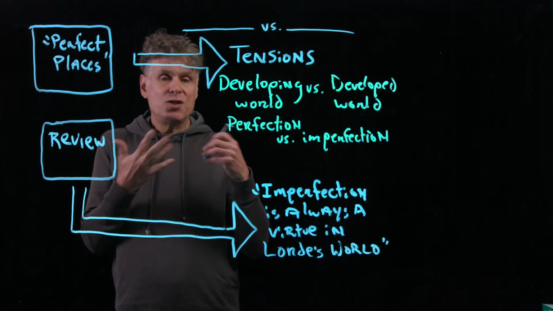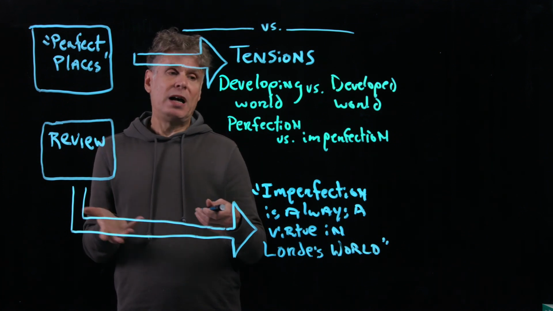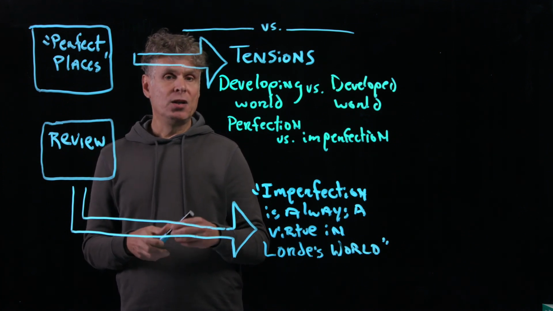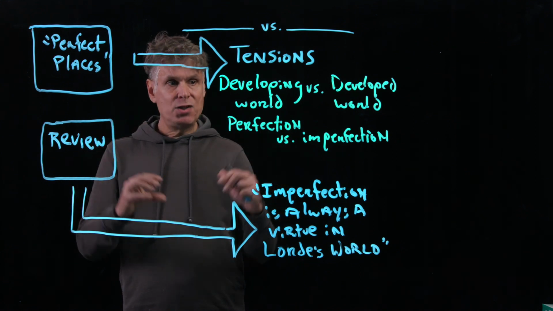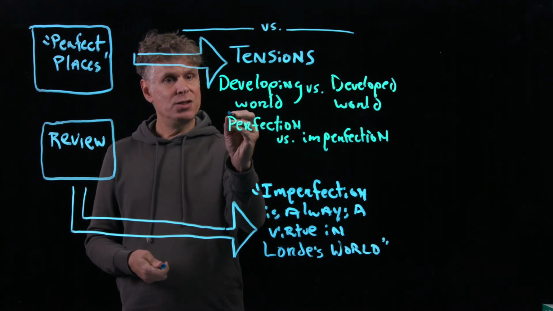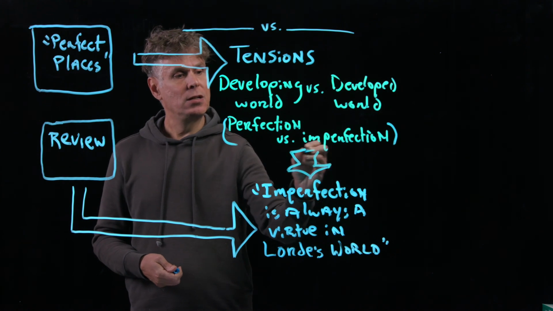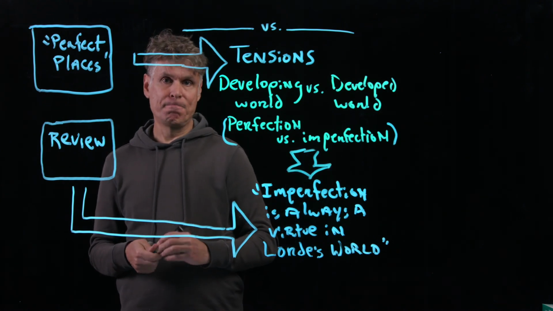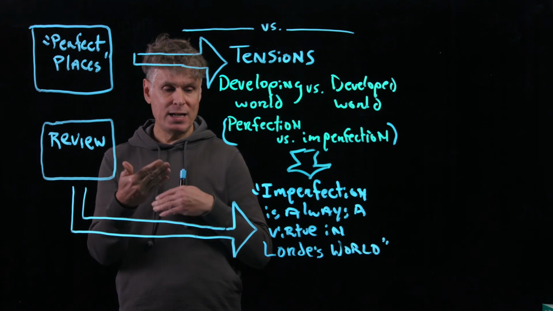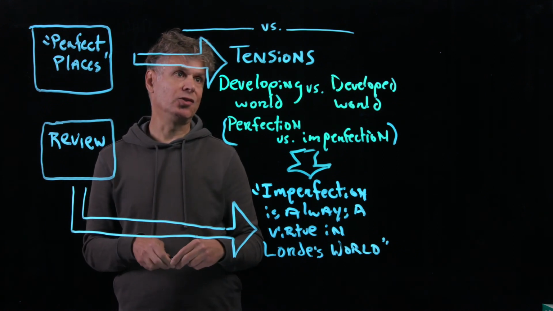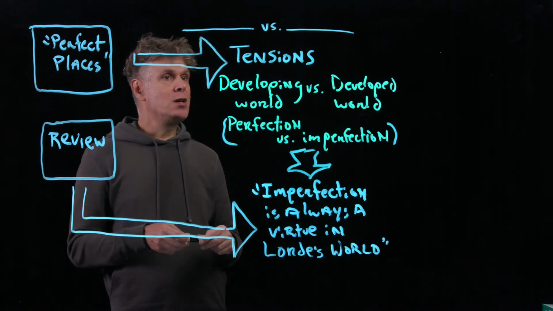So this is just one way to get a thesis. You can get it by any number of ways, but the idea is you find a tension, and then out of that tension, you get a good thesis. It's a way of launching off into your thesis.